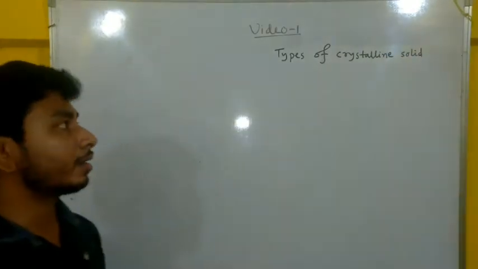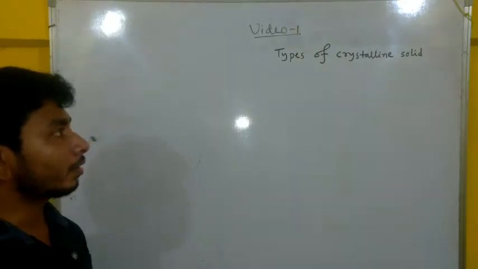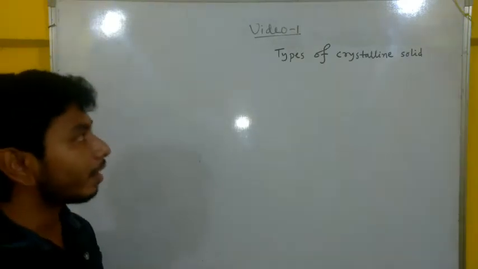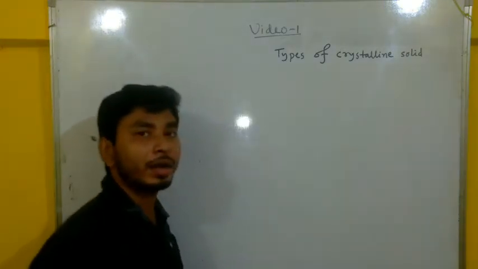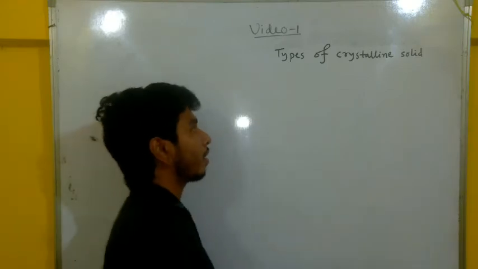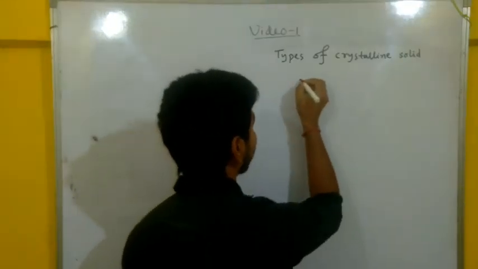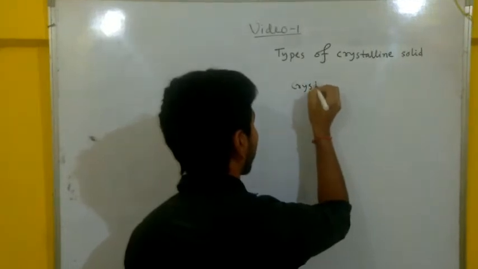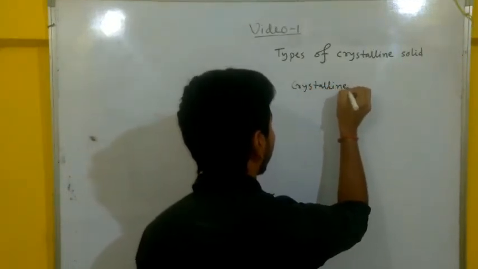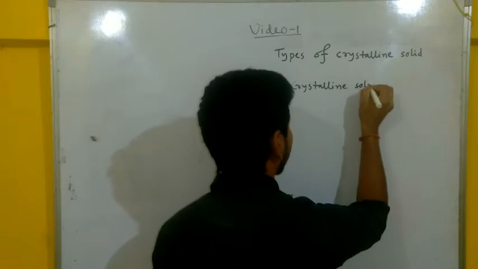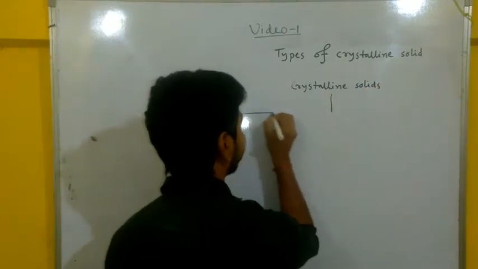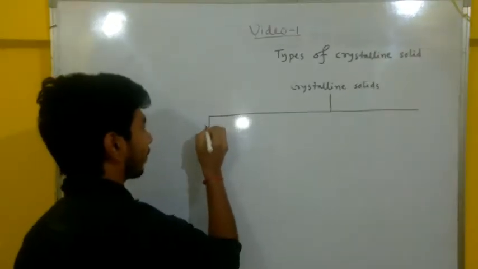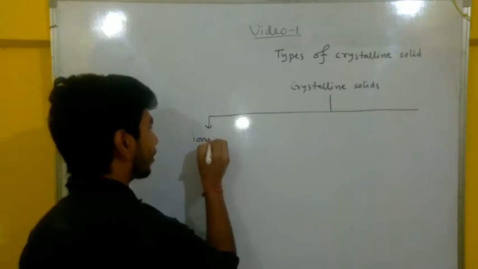Types of crystalline solid. The crystalline solid can be classified in different categories. There are different types of crystalline solid. So what are the different types? One is ionic solid.